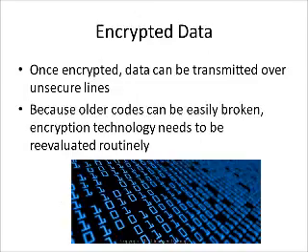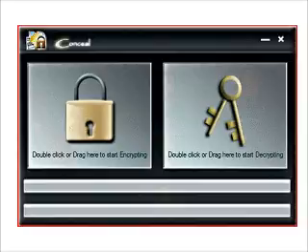This is a step-by-step procedure for solving a particular problem. Once encrypted, data can be transmitted over unsecure lines. However, because older codes can be easily broken, encryption technology needs to be reevaluated on a routine basis.